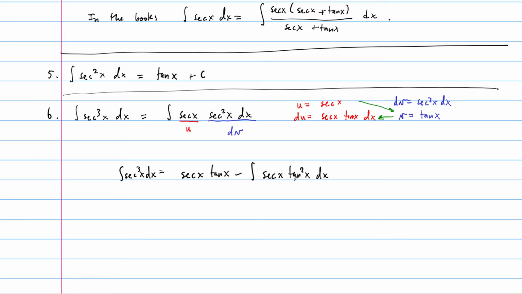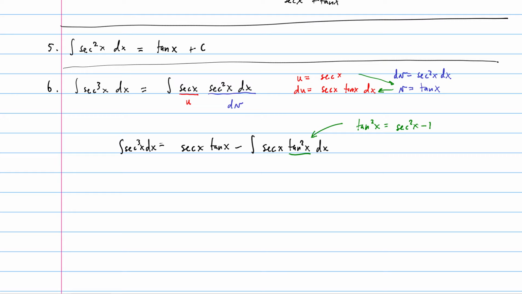All right, so I'll write this here. And this is just by using our Pythagorean identity. So once again, tangent squared x is equal to secant squared x minus 1. So when that goes in there, look what happens. We end up with secant x tangent x minus the integral of secant x times secant squared x minus 1 dx.